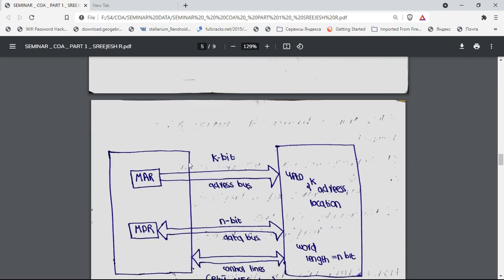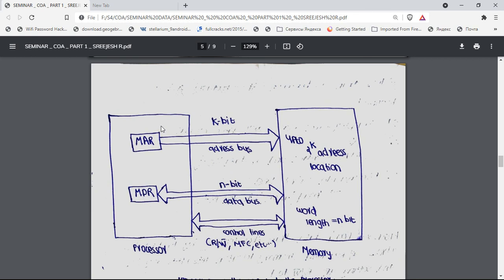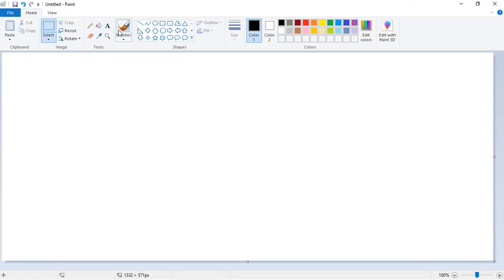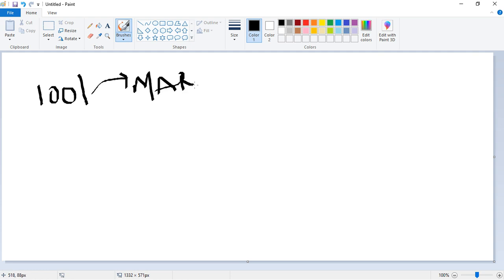Let me explain. Suppose the processor needs to access a specific location, let it be location 1001. This address is loaded into the MAR register, and then there will be a read/write setup in the control signal.